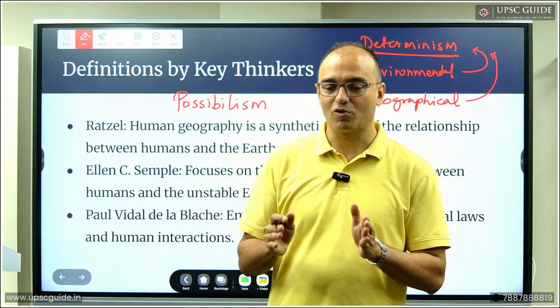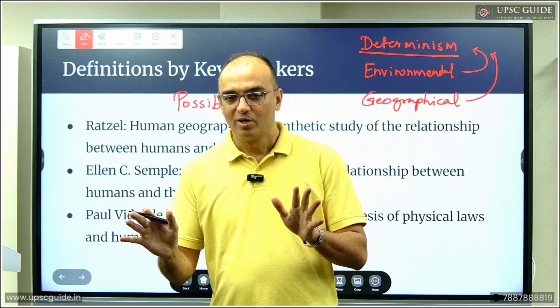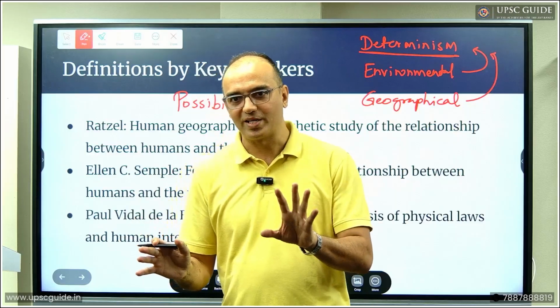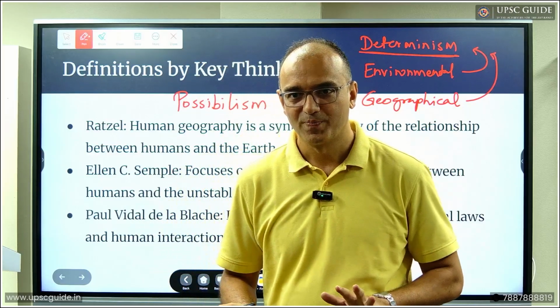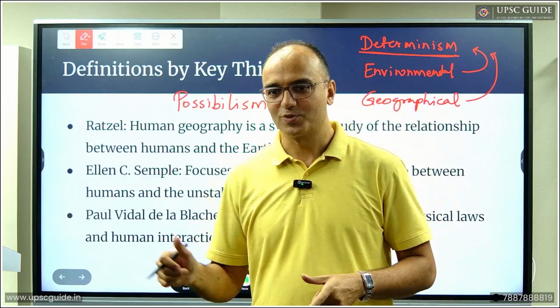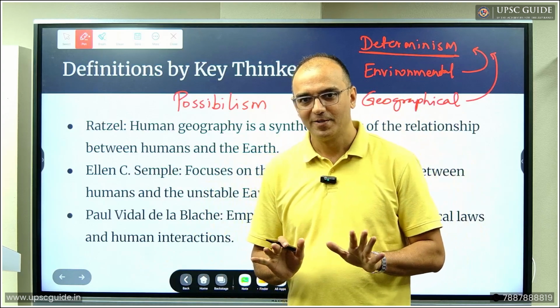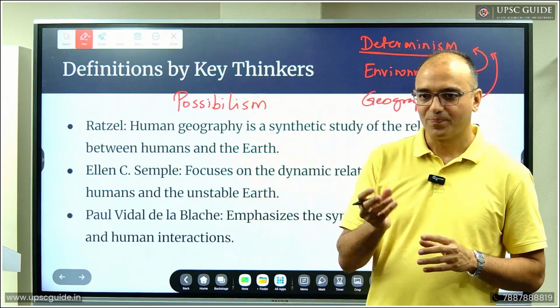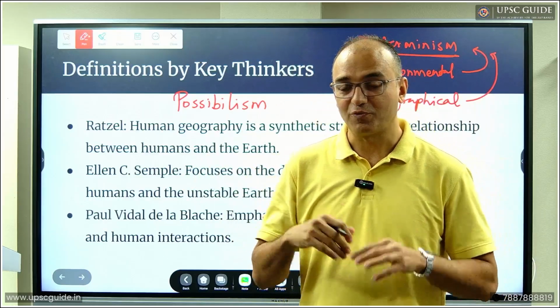What he's saying is geography gives you a basket of choices that you can make. But there are certain choices which are favored by nature, right? Some are more probable and some are less probable. Ultimately, the decision has to be taken by humans. That is what he's saying. So he shifts the locus of control from nature to humans, that we make choices.